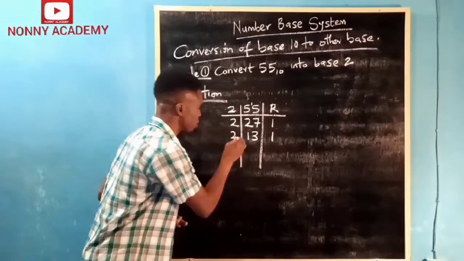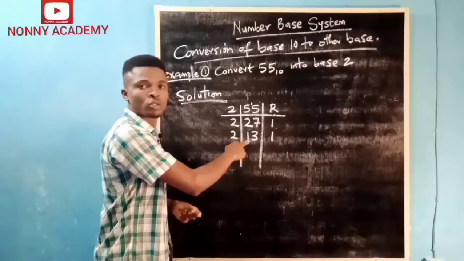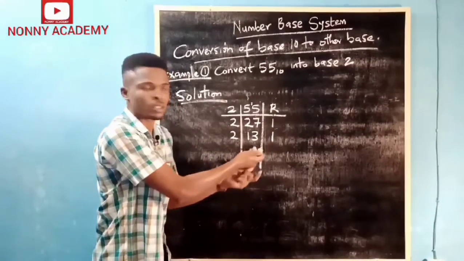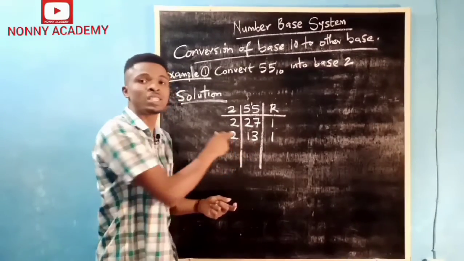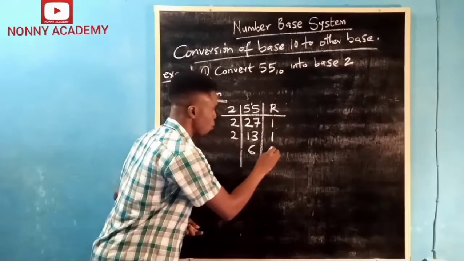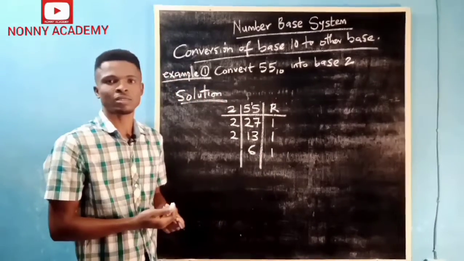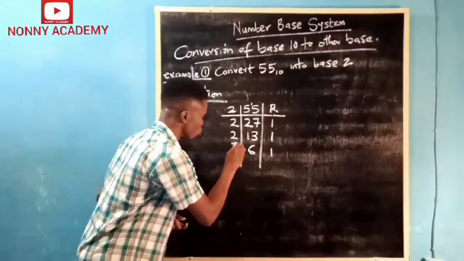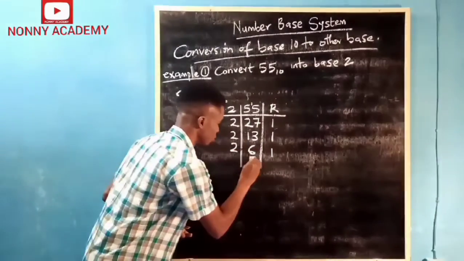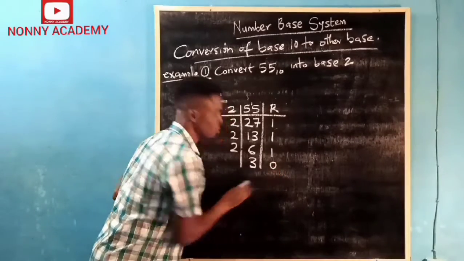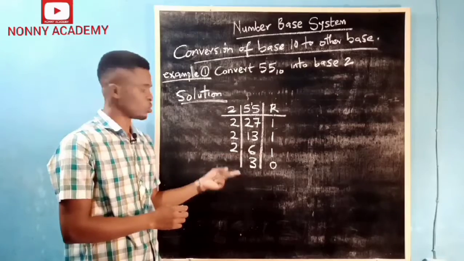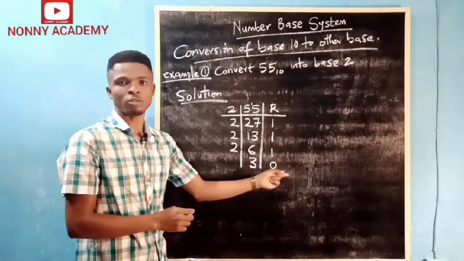I will continue. Divide by 2 again. 2 in 1 is not possible, so I will have to merge these two numbers. 2 in 13 will give me 6, which is 12, remainder 1 to make it 13. Let's continue. 2 in 6 is now 3, remainder 0, because if I divide 6 by 2, I have 3, remaining 0.